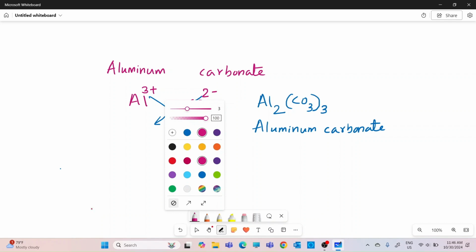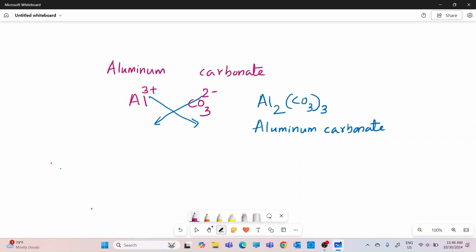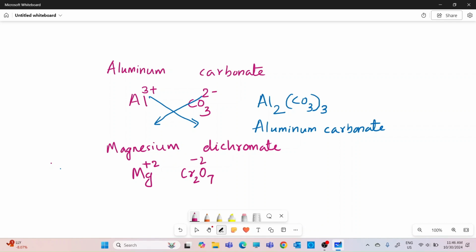We are going to write the name and formula between magnesium and dichromate. So we know that magnesium is Mg and it is group 2, so the charge is +2, and dichromate is Cr2O7 with a -2.